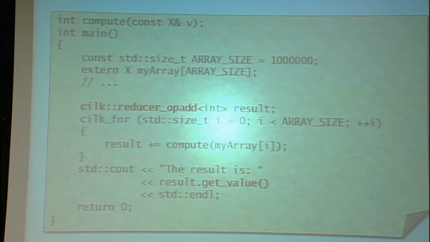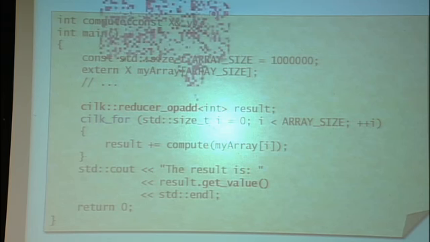Basically, it adds things locally and will combine them on an as-needed basis. So you don't actually have to do any synchronization at all. And in the end, you get the result by doing a get value.